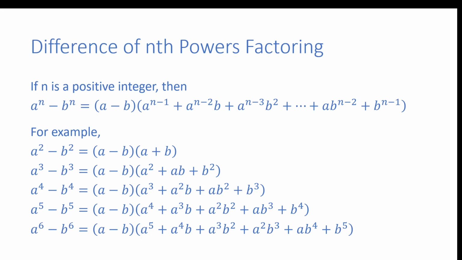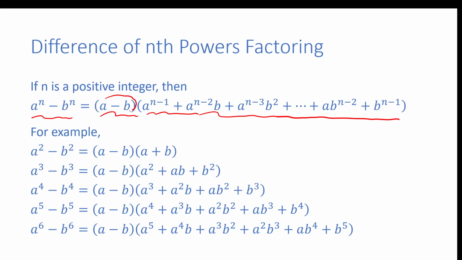If n is a positive integer, then a to the n minus b to the n equals a minus b times a to the n minus 1 plus a to the n minus 2 b plus a to the n minus 3 b squared, etc., all the way down to a b to the n minus 2 plus b to the n minus 1. So, for instance, suppose n was equal to 2.